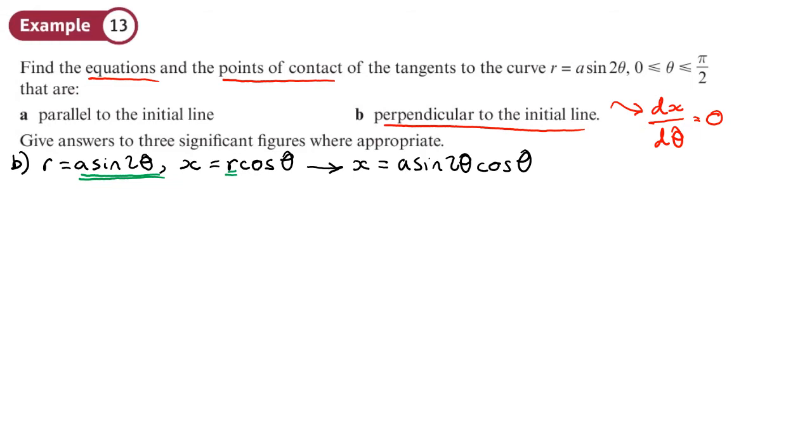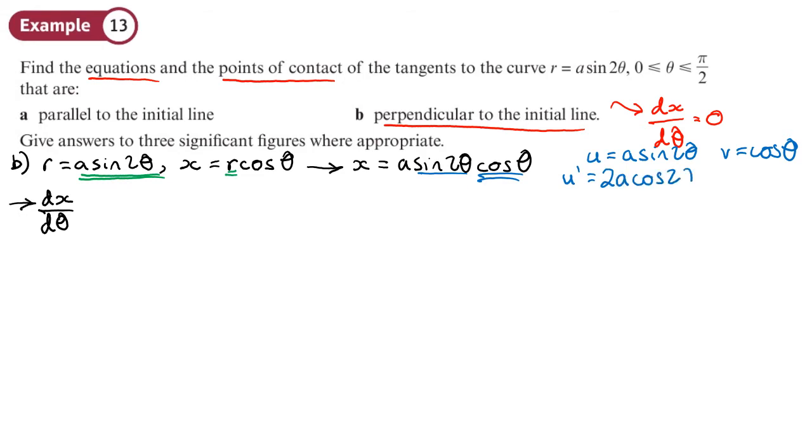And now we want to find dx d theta before we set it equal to 0, so we're going to use the product rule to differentiate that. So u will be my a sine 2 theta, and my v will be cos theta. So du d theta, or u dash, is going to be 2a cos 2 theta.